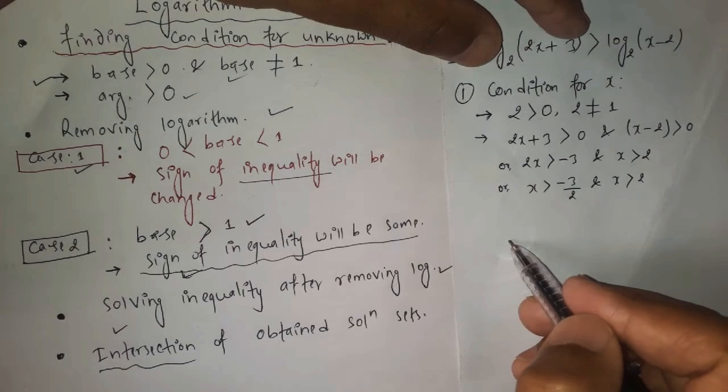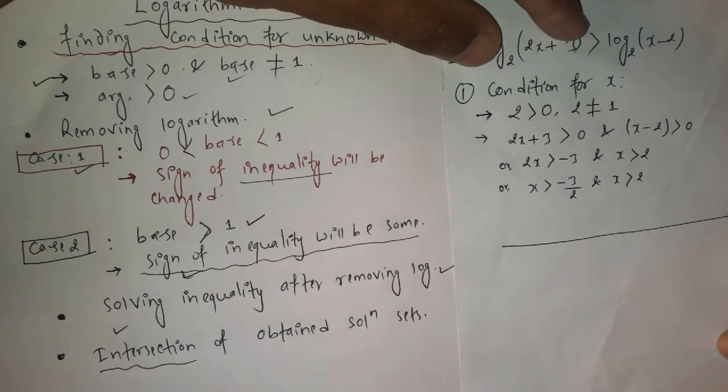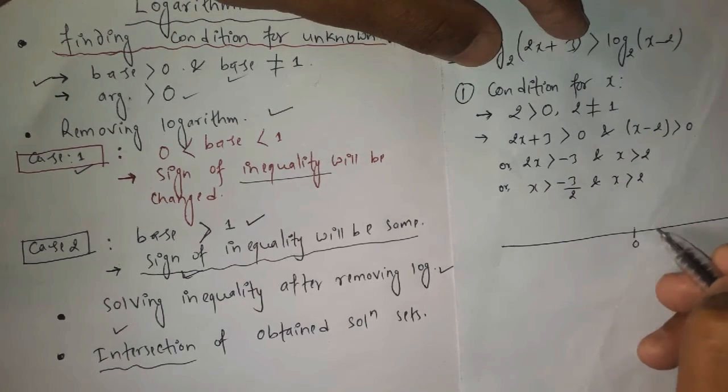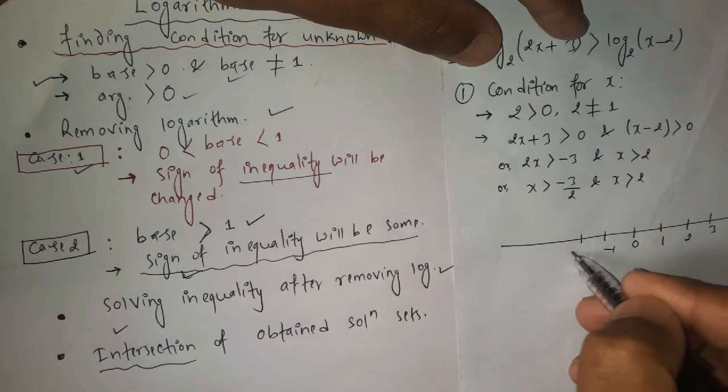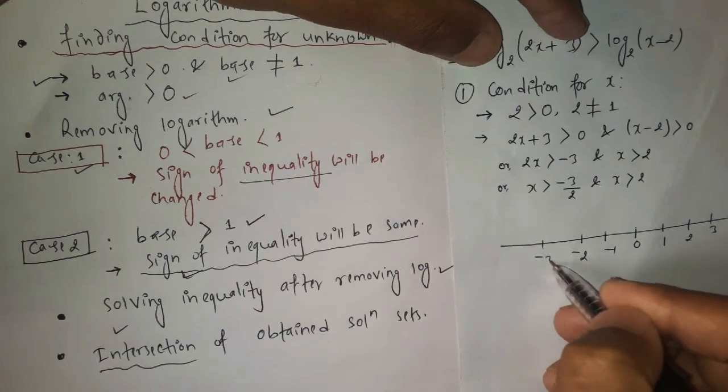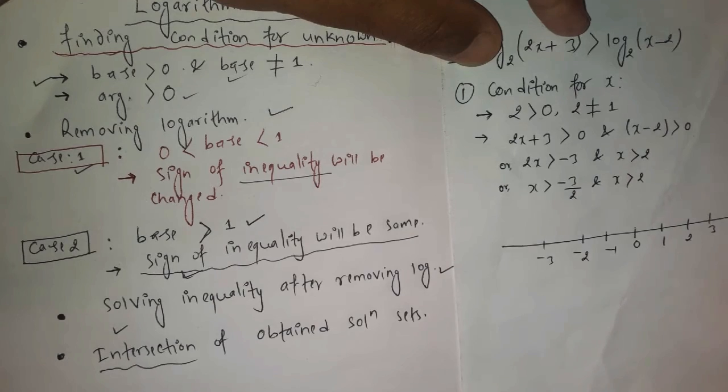Let's plot the information on the number line first. This is 0, 1, 2, 3, and this is negative 1, negative 2, negative 3, and so on. This is all the values of x.